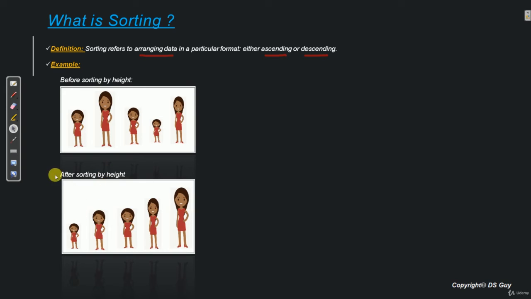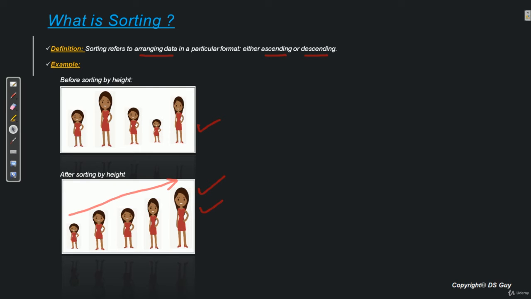So now we see that they are in one order, that is, they are standing in ascending order of height. Now how did we arrange these ladies in a sorted order is a question. So we have multiple sorting techniques as we are going to learn in the future videos. We can apply any of them to arrive at this solution. Fine. So I hope you have understood what is sorting on a very high level.